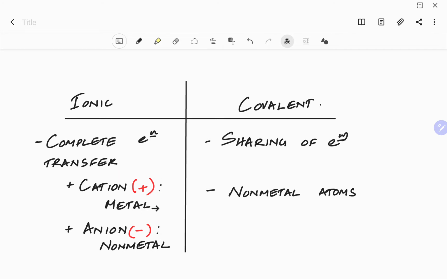Cations are positively charged, anions are negatively charged, and of course cations are usually metals and anions are usually formed from non-metals. In comparison, covalent bonds do not form ions and they only share electrons, and the atoms in covalent bonds are usually non-metals.